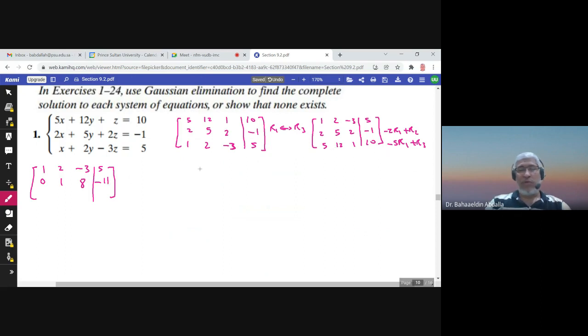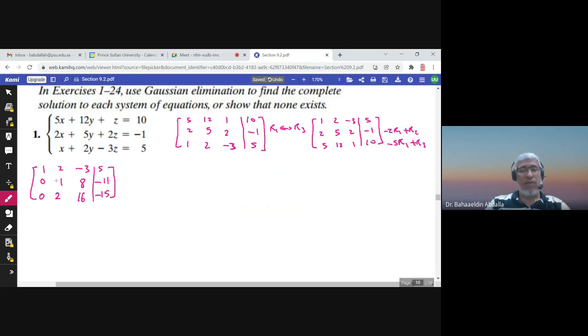Row 3 also would be changed to 0. Negative 10 plus 12, that's 2. 15 plus 1, that's 16. And negative 25, 5 times 5, 25 plus 10, that's negative 15.